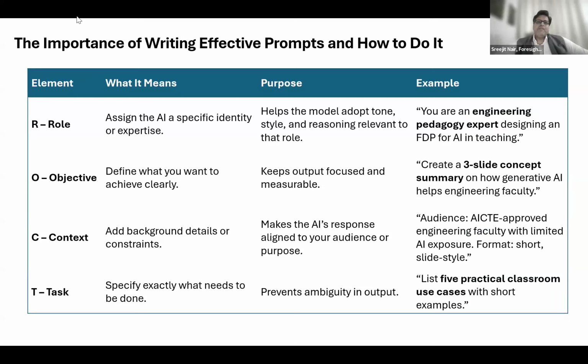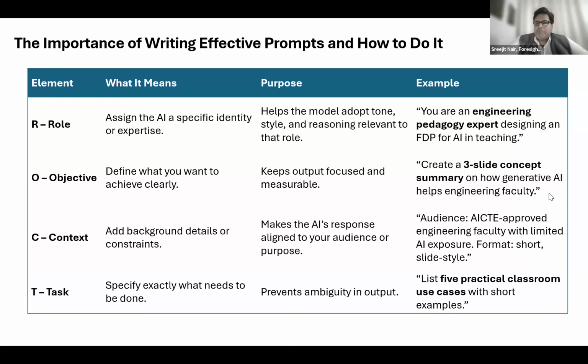Yeah. So now I'll focus on the importance of writing effective prompts and how to do it. The basic element that I'll say, whenever you want to prompt, is that the prompt should start with assigning a role. That is always better. Assigning a role means assigning the AI a specific identity or expertise.